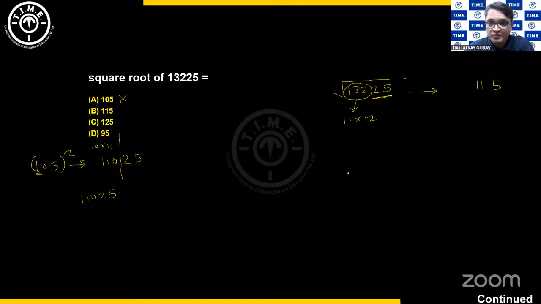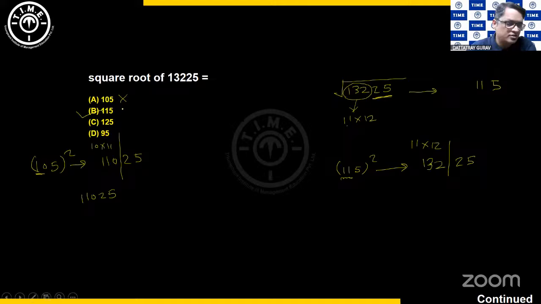Again, you can cross-check if you want. This is nothing but 115 square. By default, the answer ends with 25. Other than 5, what is the number? 11. So it becomes 11 into 12, which is 132. So 115 is the answer to this question.